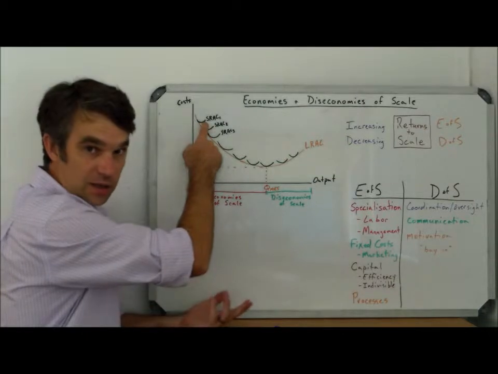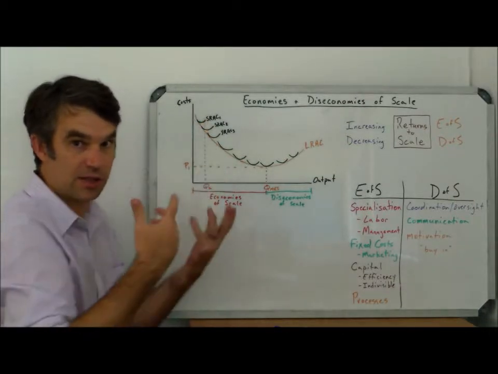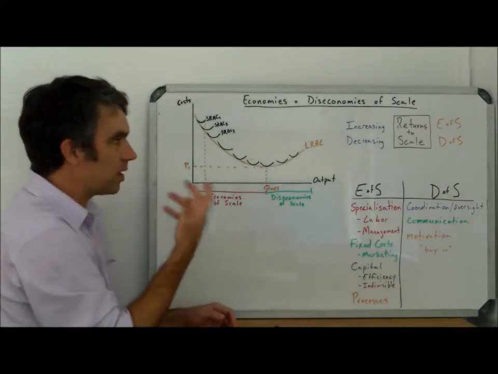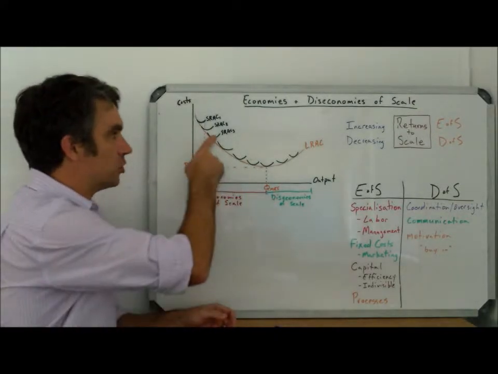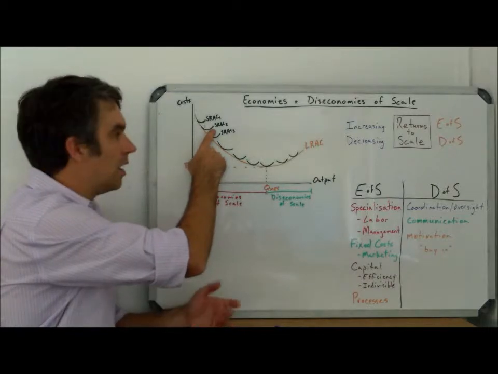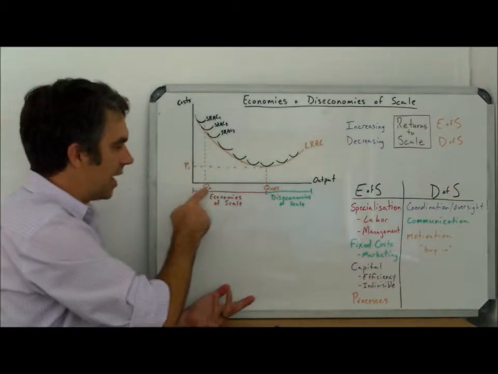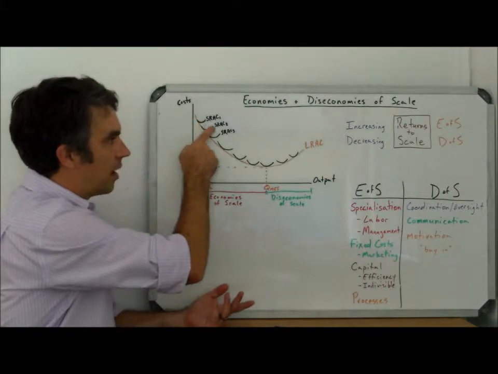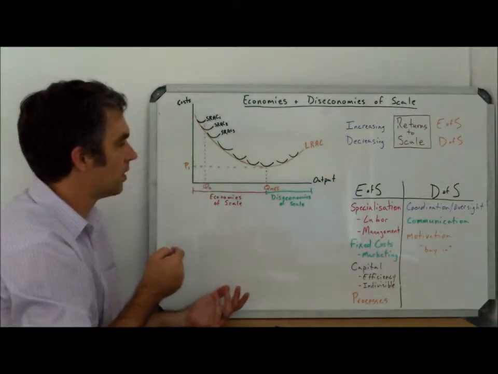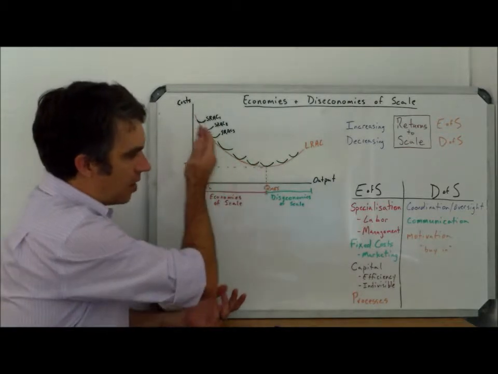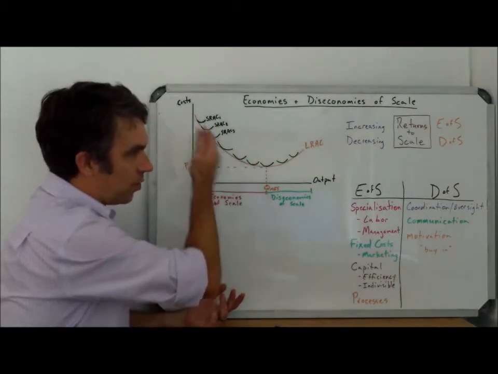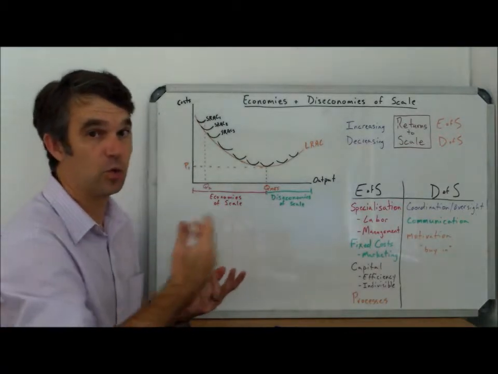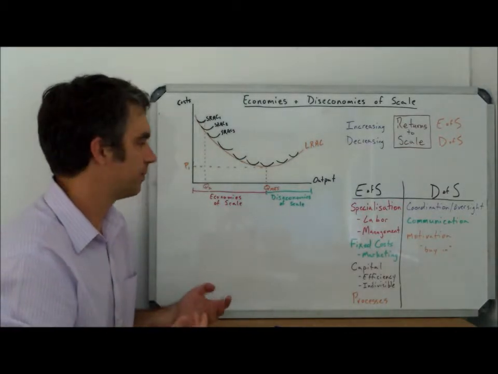However, by going into the long run, by doing something to change all of my factors of production, and moving to short-run average cost curve 2, I can now produce Q2 not at this cost, but at this lower cost here on SRAC 2. Again, this continues to happen all the way down until we get to the bottom point of the long-run average cost curve, at which point we cannot produce more at a lower rate.